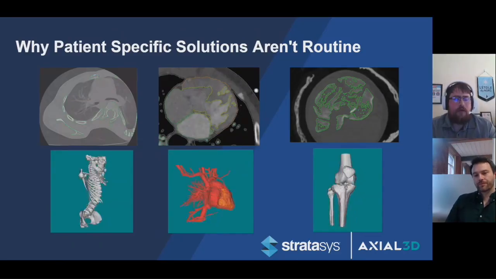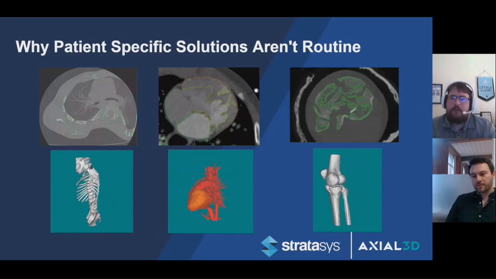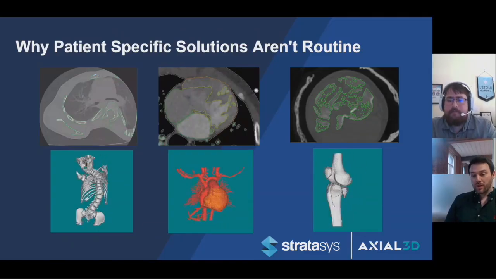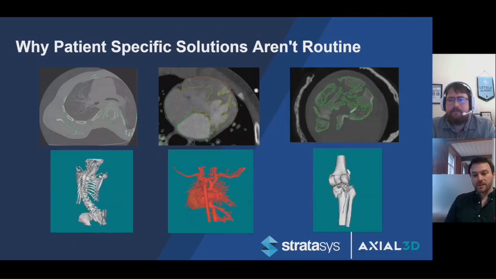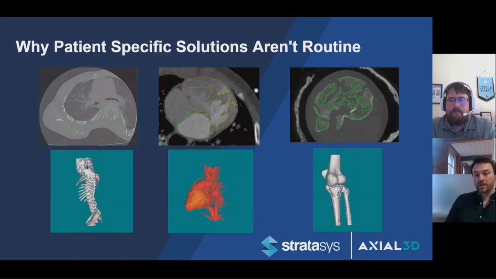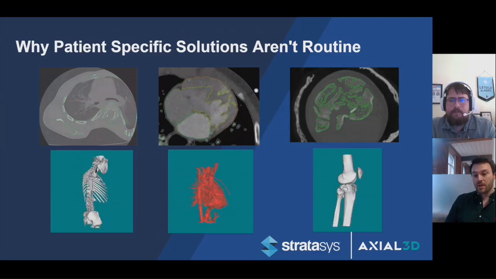Is there more than that, or is it limited to those two specific pathology areas? No, not at all, Evan. I think that's one of the things that's unique about Axial3D. We have a wide variety of different machine learning models that we can run.